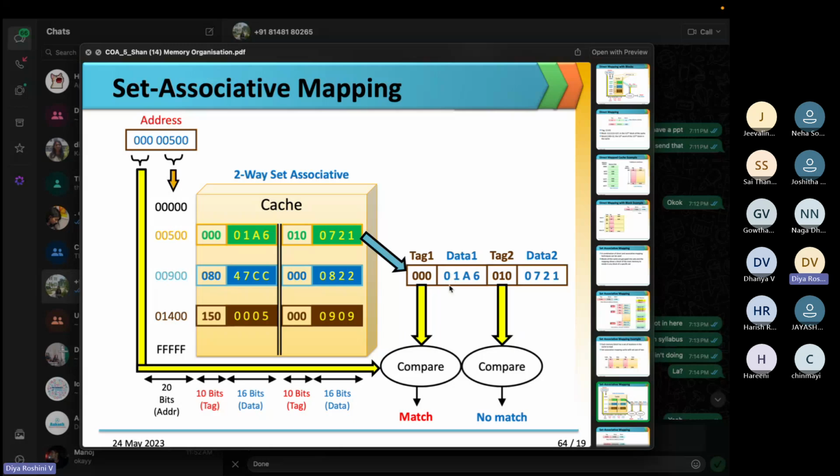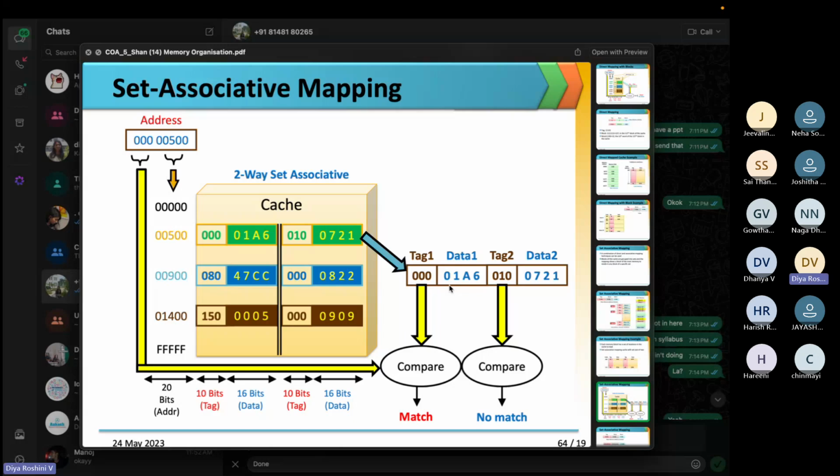Now I'll tell how it's combining both direct and associative. If your set size is one, with each set containing only one block, then it's direct mapping.